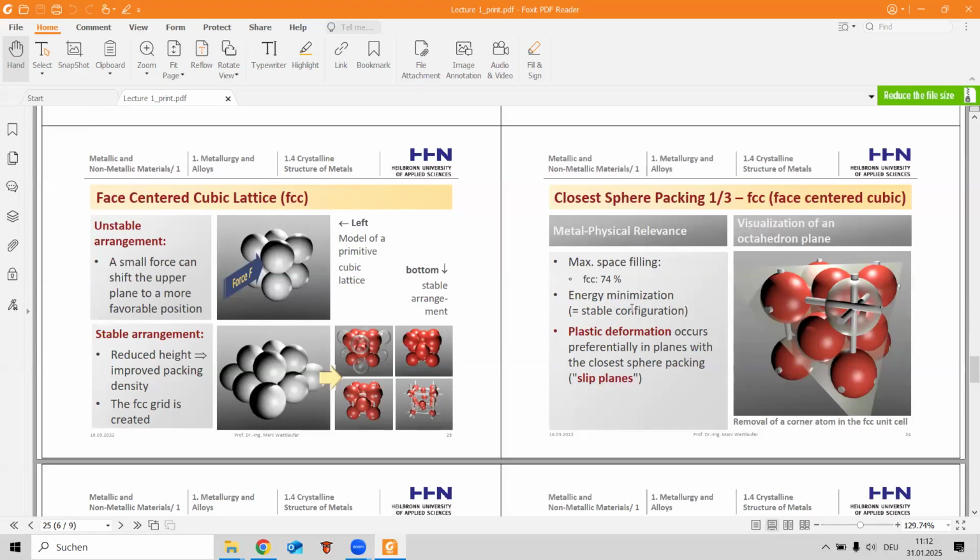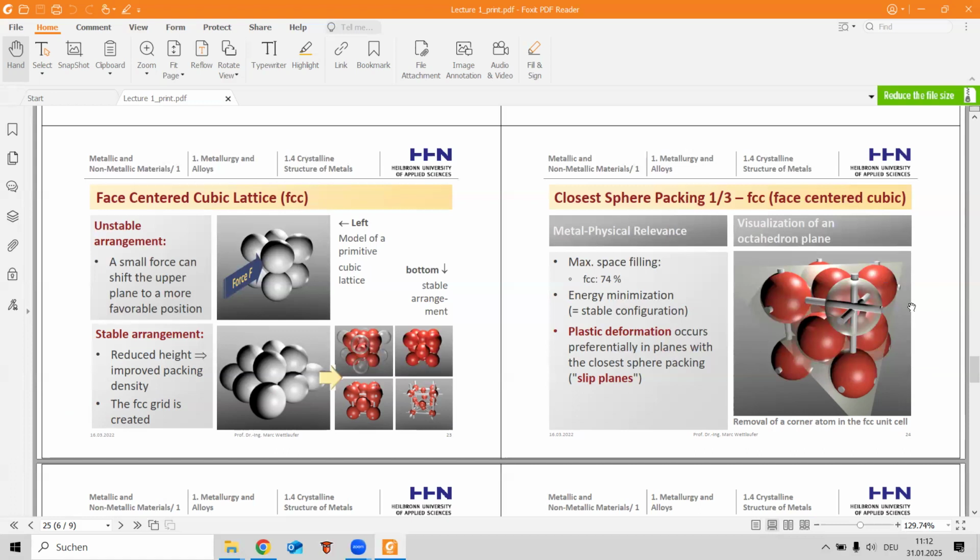So energy minimization gives a stable configuration, and plastic deformation occurs preferentially in planes with the closest sphere packing, so-called slip planes. Here we have a visualization of the octahedral plane.